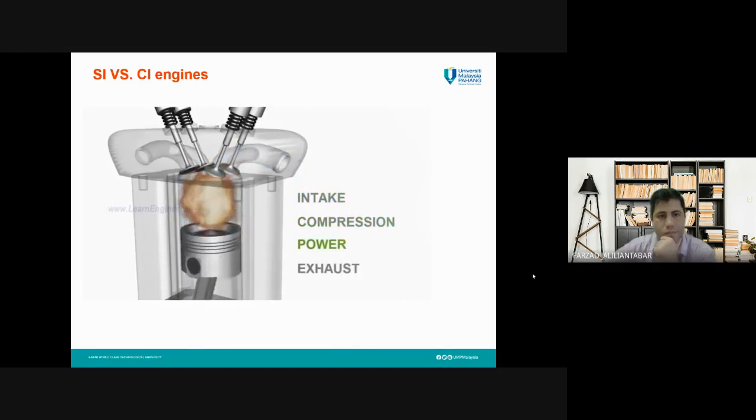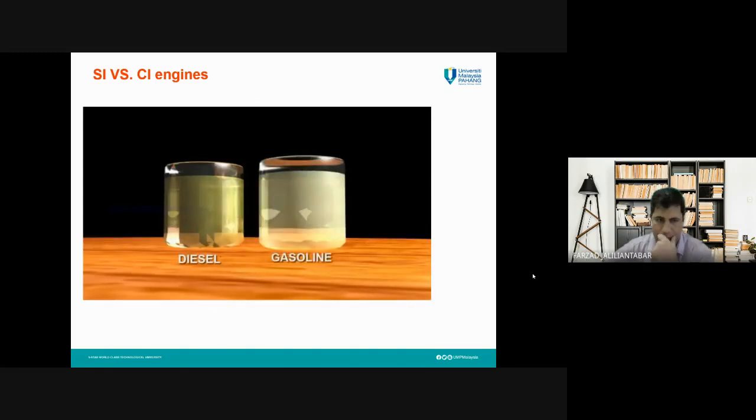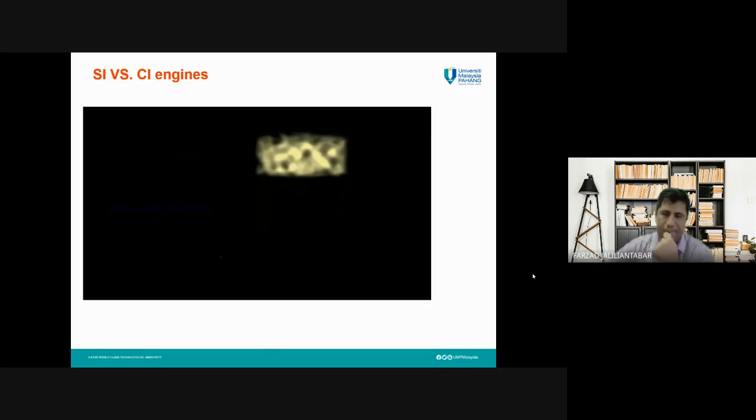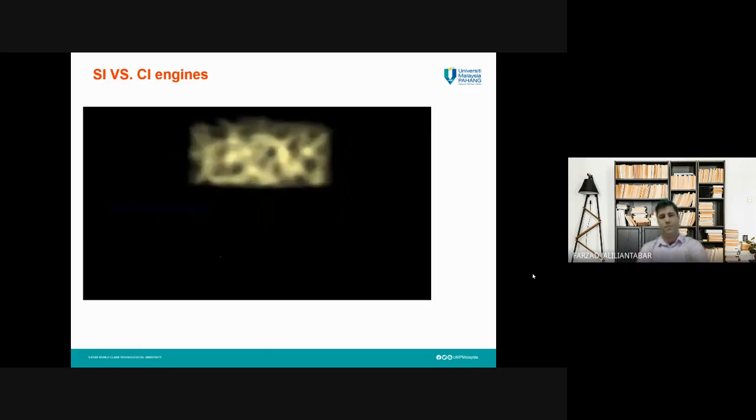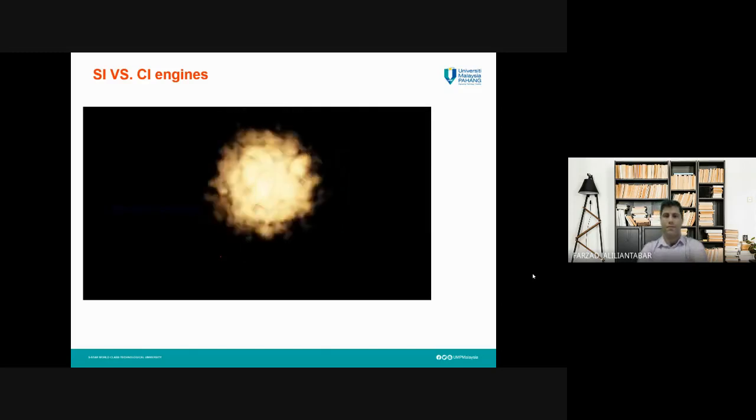There are differences between the two engines due to the difference between the way fuels burn. Gasoline readily evaporates, so it gets mixed with the air efficiently. As a result, just a spark is sufficient to produce smooth combustion in a well-premixed gasoline engine.